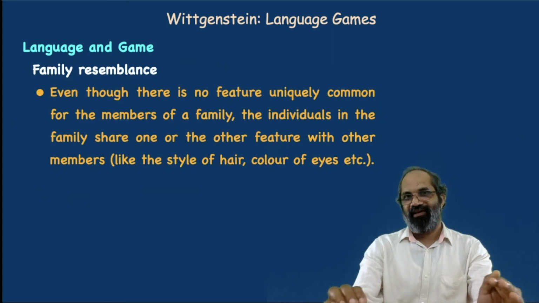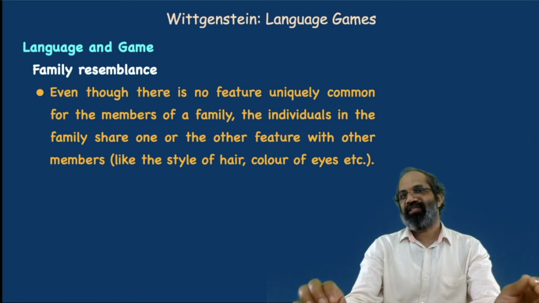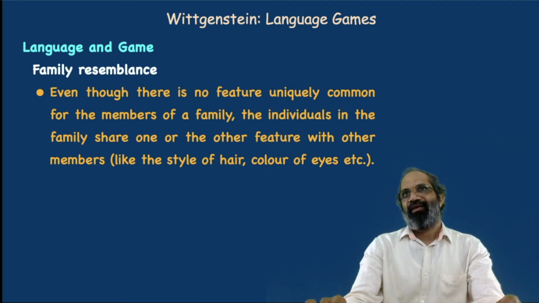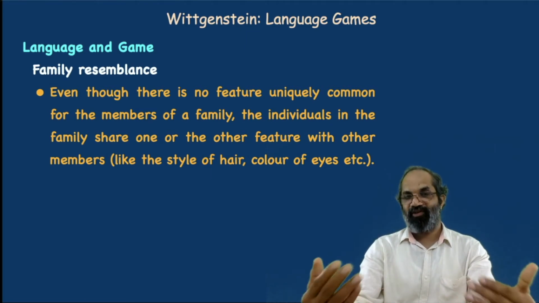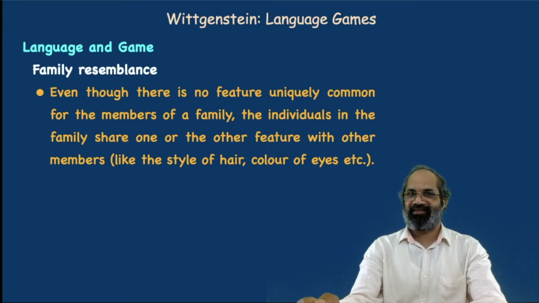So the explanation for family resemblance goes like this. Even though there is no feature uniquely common to all the members of a family, the individuals in the family share one or the other features with other members, like the style of hair, color of eyes, etc. Think of a joint family, you can find the relationship to a certain extent.